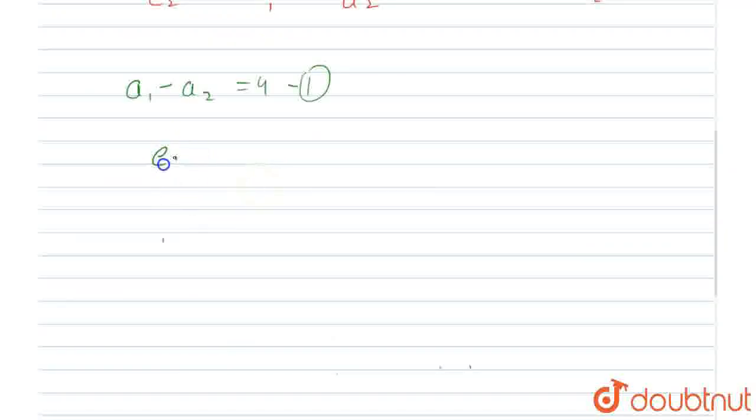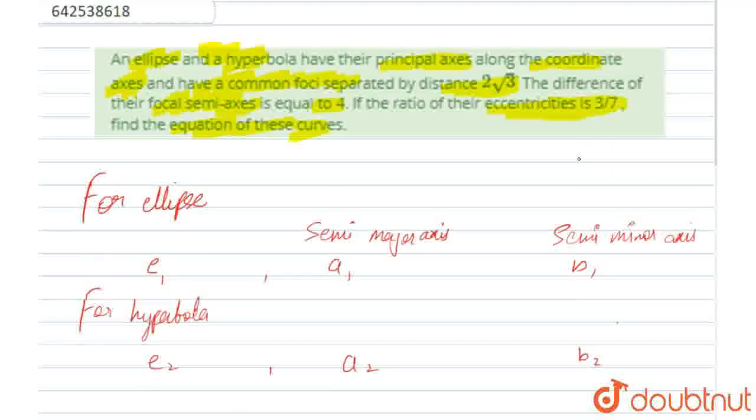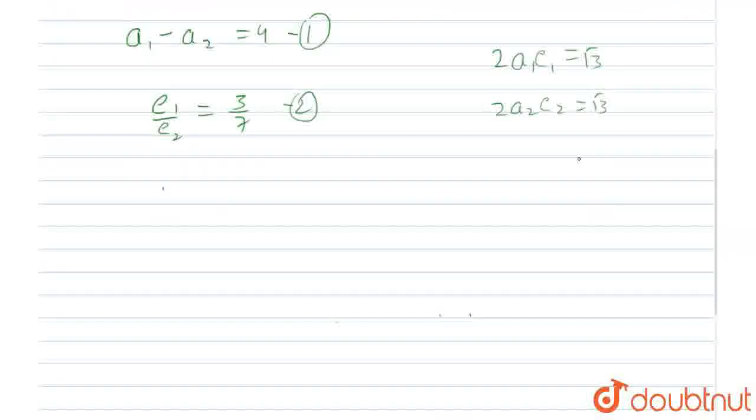The ratio of their eccentricities, E1 upon E2, is equal to 3/7, which is equation 2. The third condition: 2A1E1 is equal to 2 root 3 and 2A2E2 is equal to 2 root 3, since the common foci are separated by the distance 2 root 3.